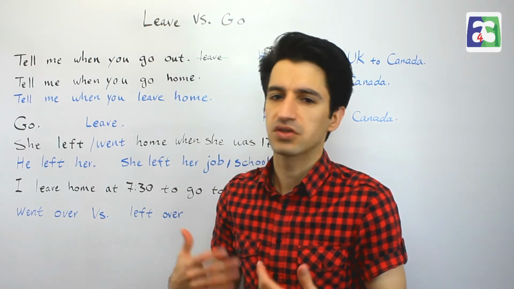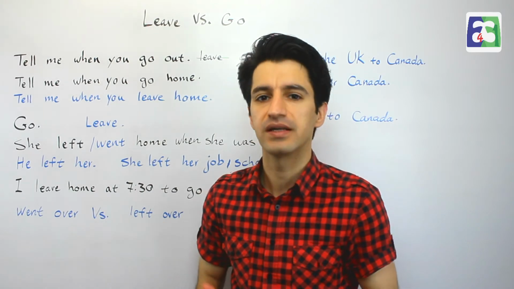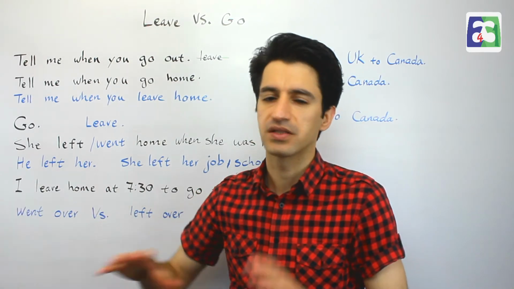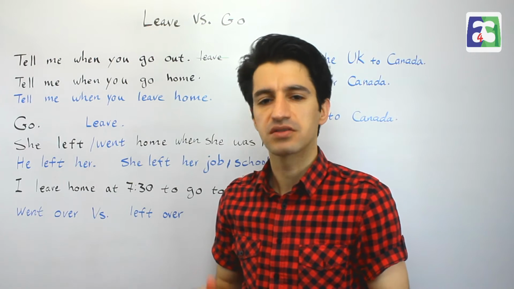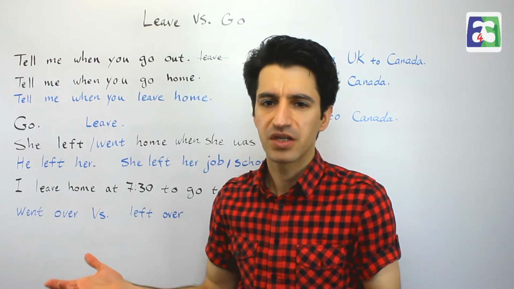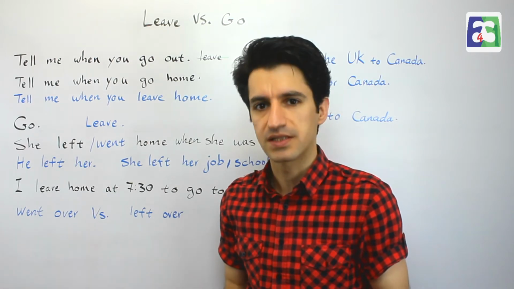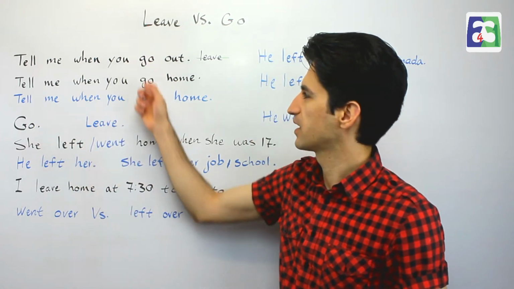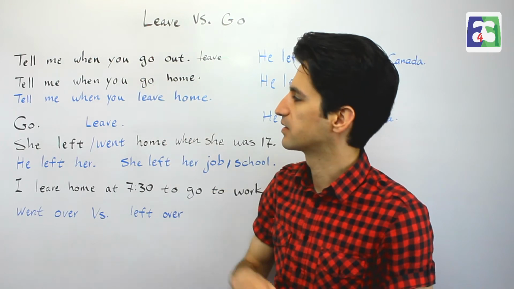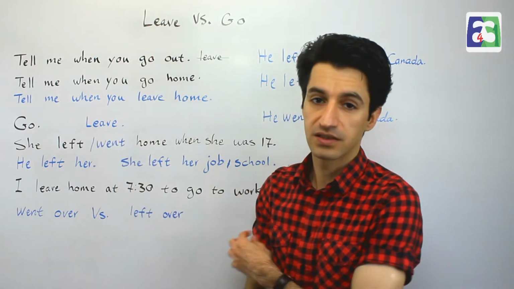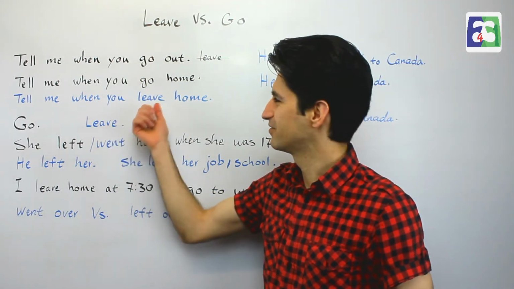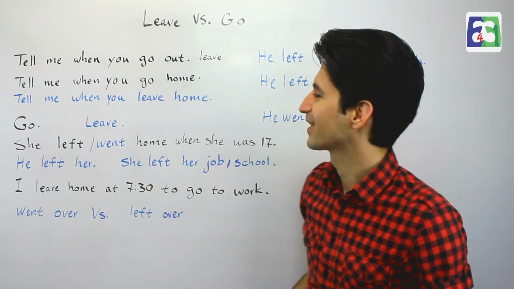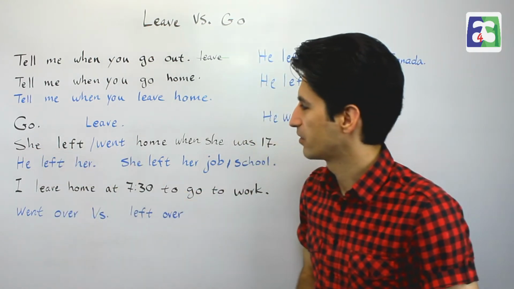It doesn't mean any place, leaving a place to go to another place. No, in this case, it means just let me be. Just stop doing this. Leave in this case means stop it.